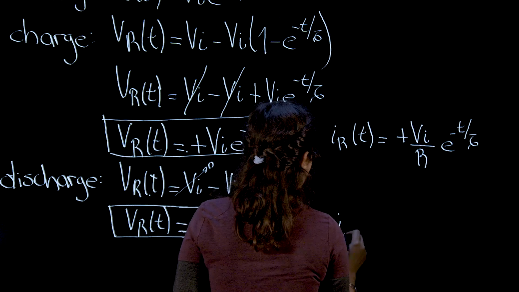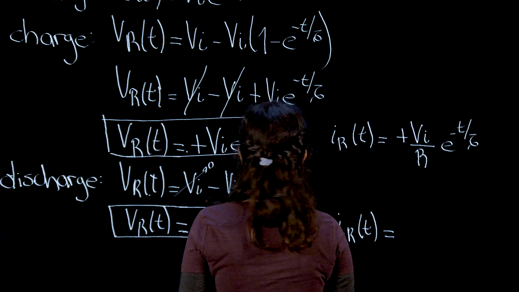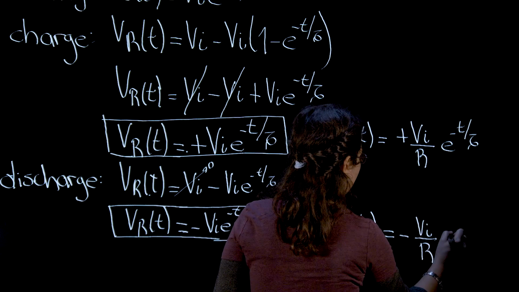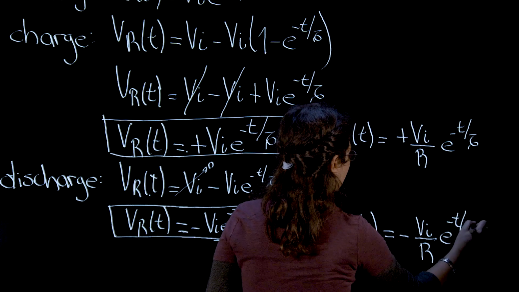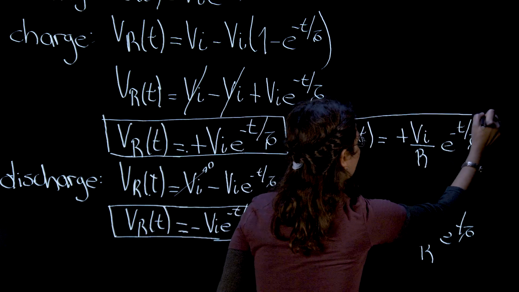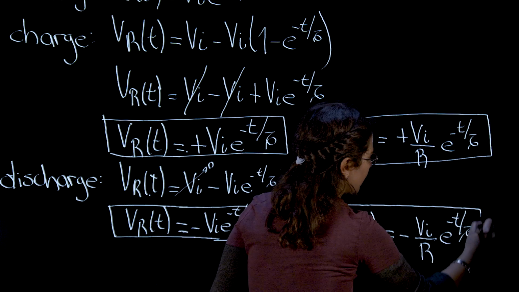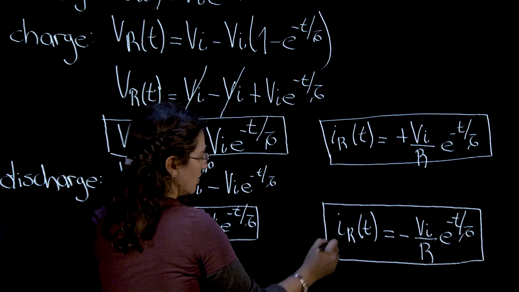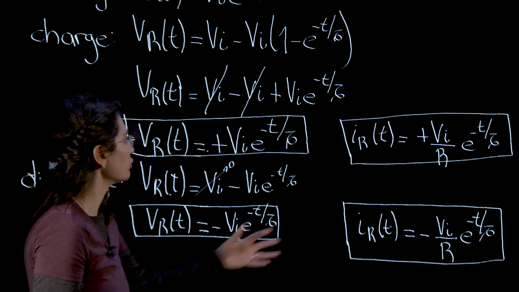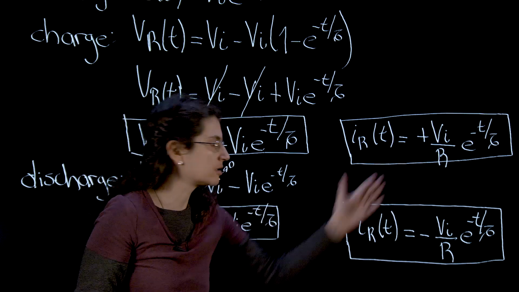And the current in the resistor for the discharge case is minus Vi over R times e to the minus t over tau. Which, of course, is because of Ohm's law, which tells me that the voltage and the current are proportional to each other, and the constant of proportionality is the R that we have here.